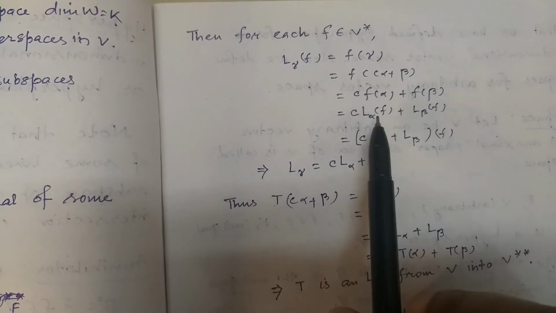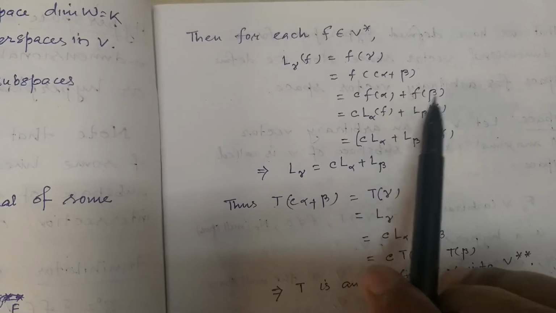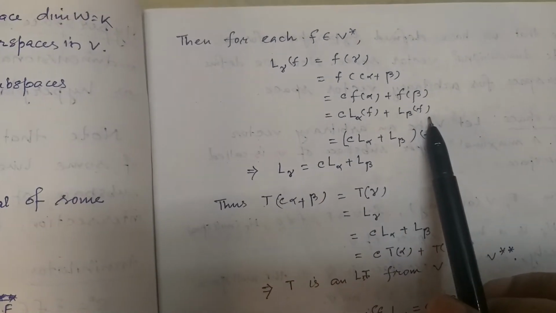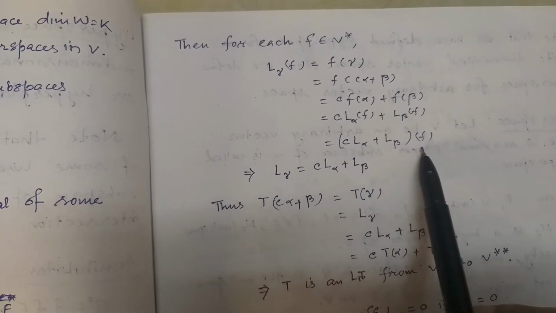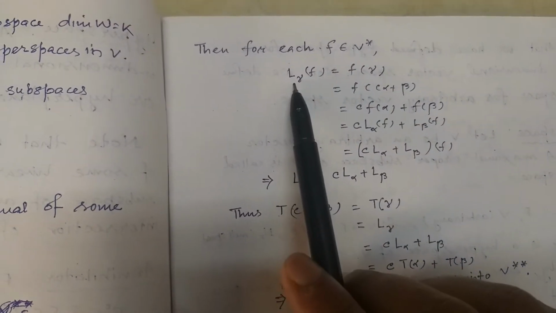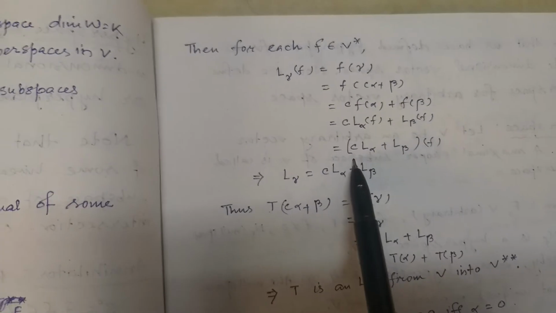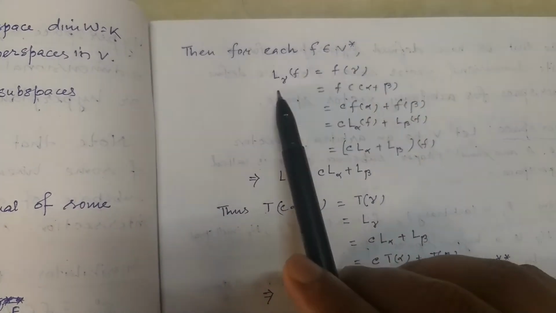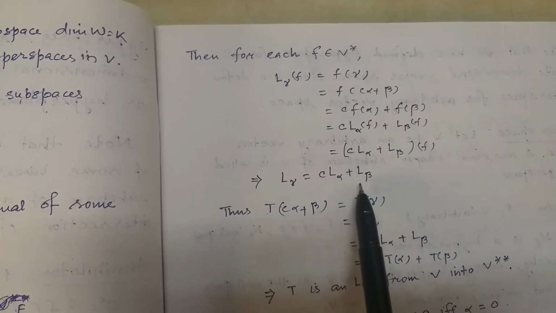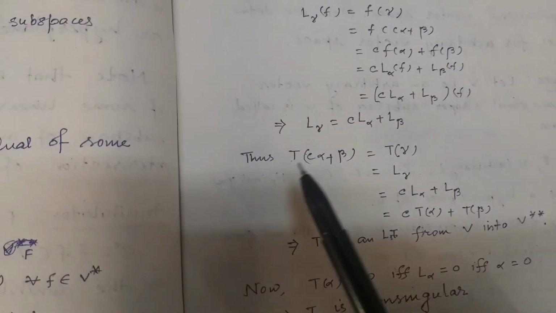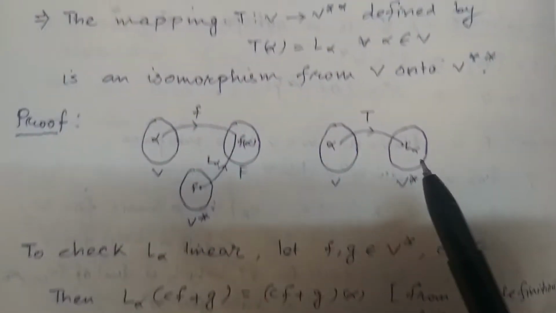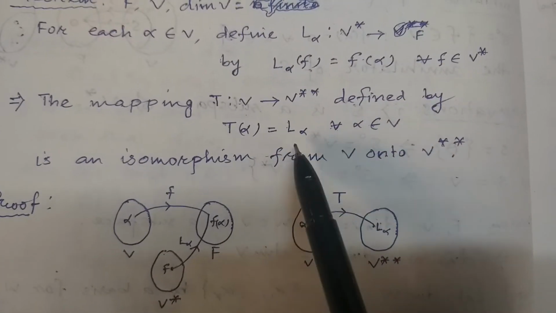Again f of alpha means L alpha of f, f of beta means L beta of f. So we can write it as (c L alpha plus L beta) of f. That means L gamma equals c L alpha plus L beta. Thus, now the definition of T: T alpha equals L alpha.